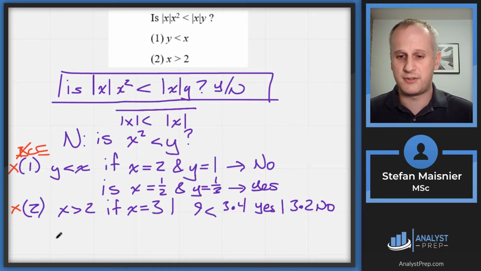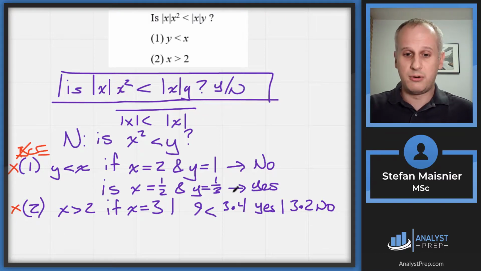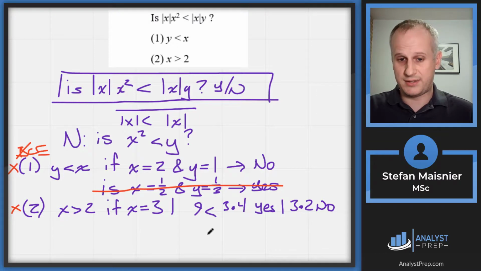So now we've got to consider the conditions together. And we want to eliminate plug-in scenarios that won't work when we combine the conditions. I know right now that I can no longer use the option that got me a yes when we plugged in a fraction for the value of x and asked is x squared less than y. Now I know that x is greater than 2, and y has to be less than x.